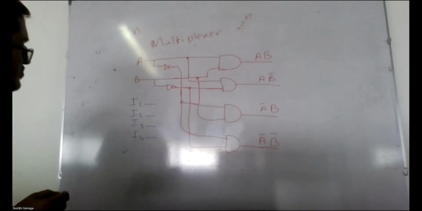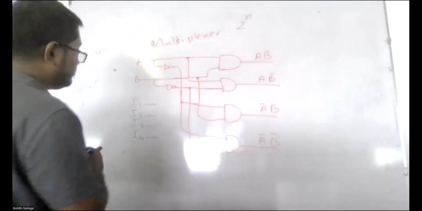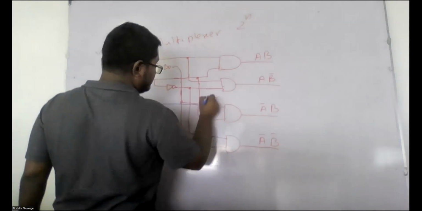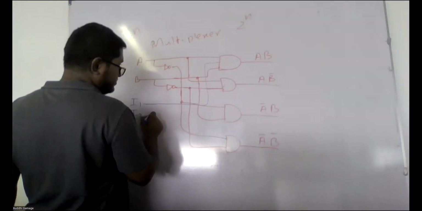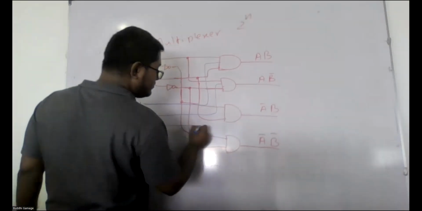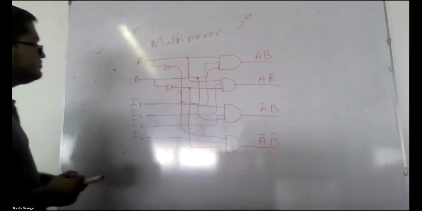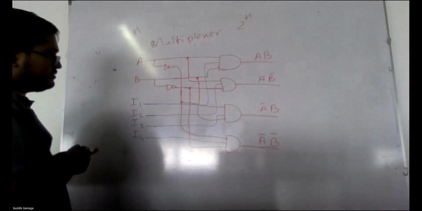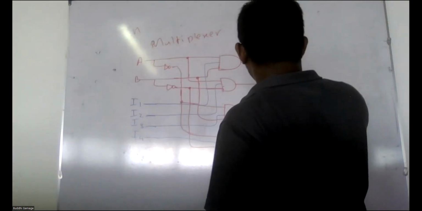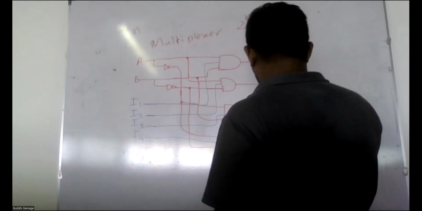And only one input will active for a given control line. What that means, 2 squared is 4. So then what will be the answer? This is AB, I1, AB bar, I2, A bar B, I3, A bar B bar, I4.